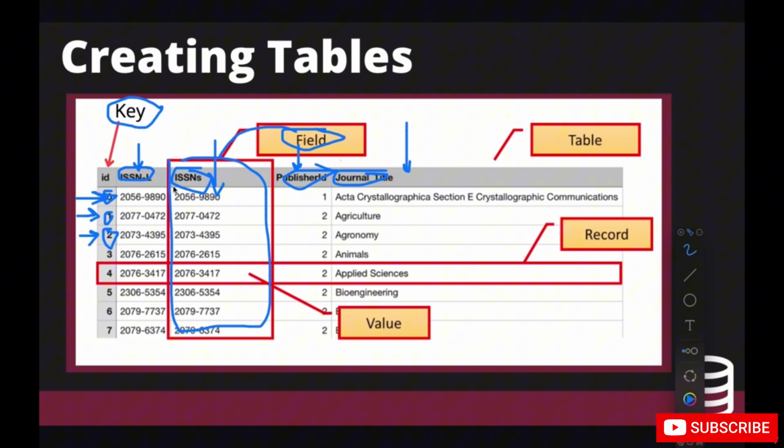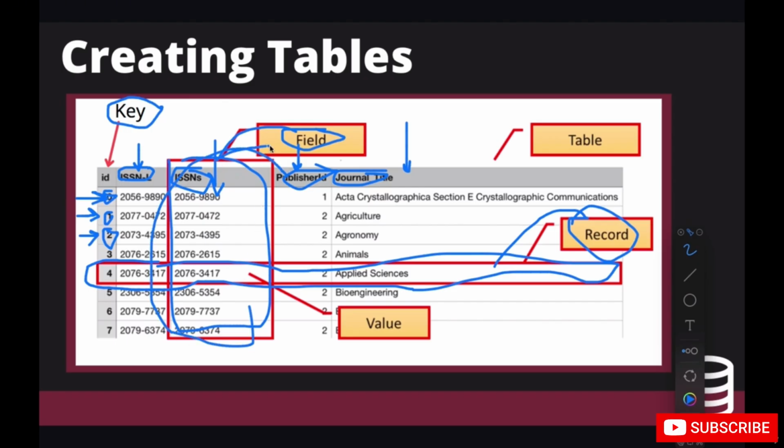Now, if you pick an entire row like this, it is referred to as a record, whilst an entire column is referred to as a field. Each of the data points, for instance 2076-3417, is referred to as a value.